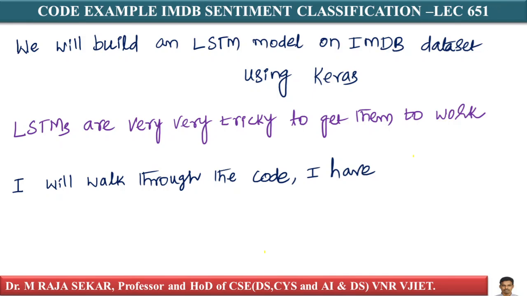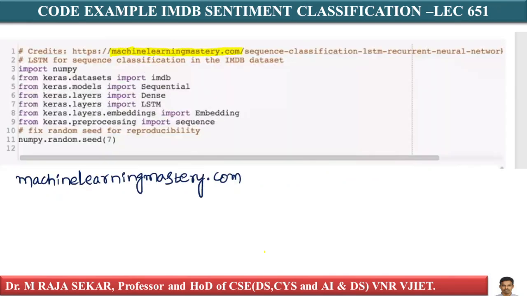Before we go through this whole example, there is a very nice blog. What is that blog name? A very nice blog written by machineLearningMastery.com. Machine Learning Mastery is a very good blog, and I have learned a lot by going through some of the articles.